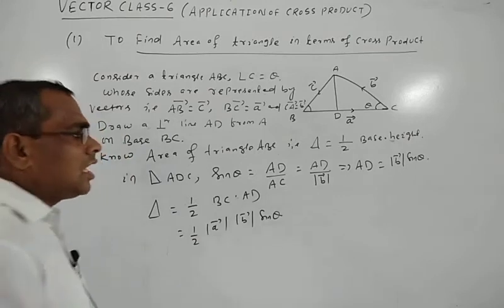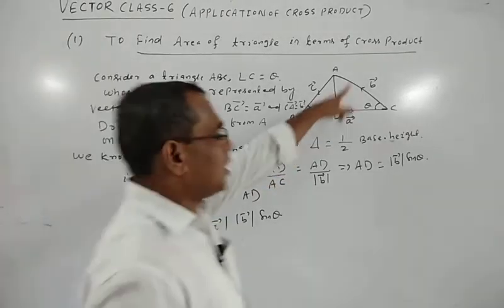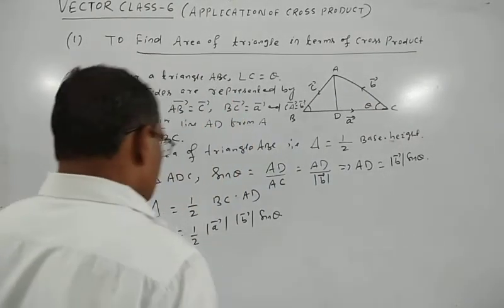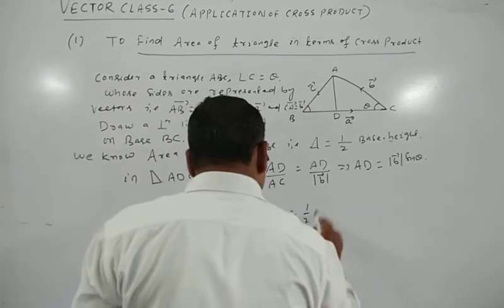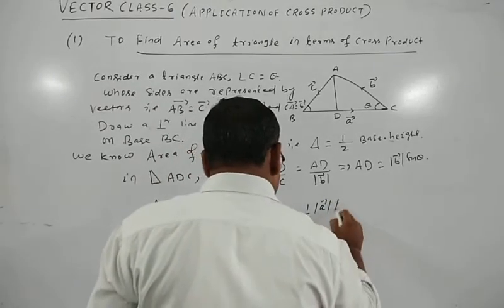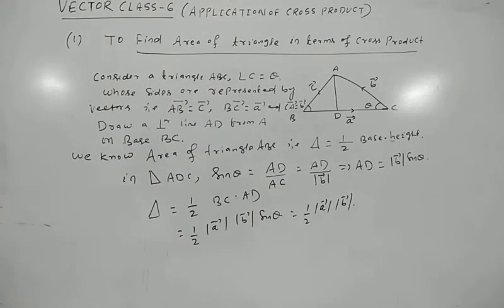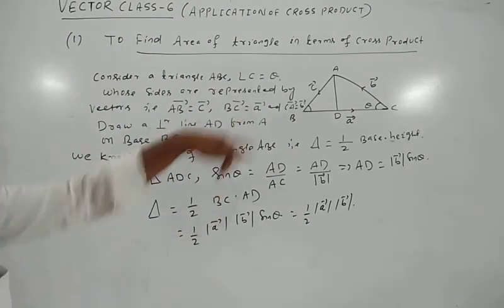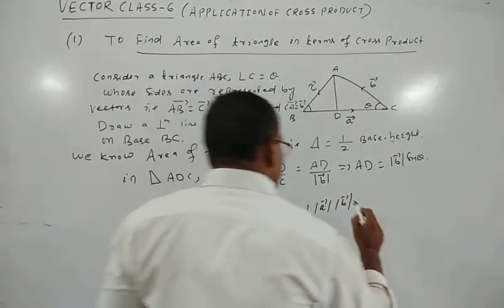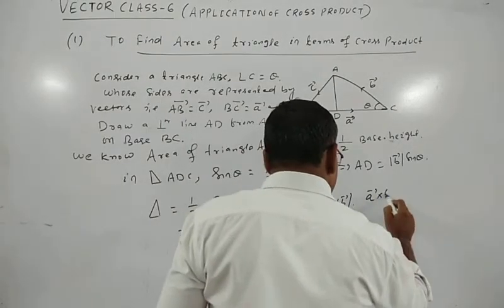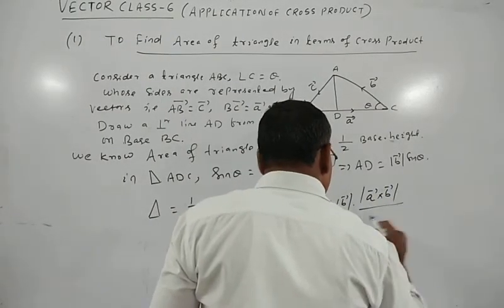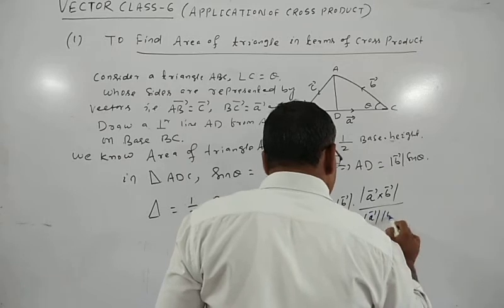Here theta is the angle between A vector and B vector. So this is equal to half into magnitude of A vector into magnitude of B vector into sin theta, where sin of the angle between A vector and B vector is equal to magnitude of A vector cross B vector divided by magnitude of A vector into magnitude of B vector.